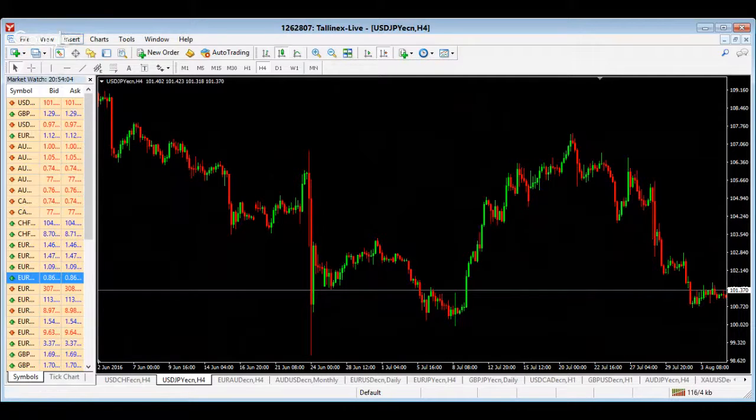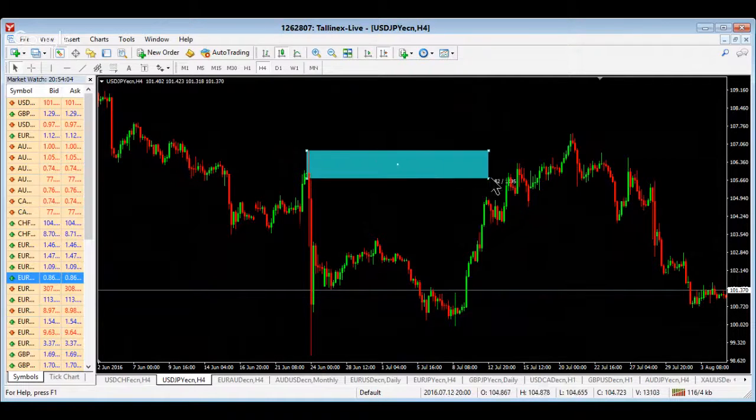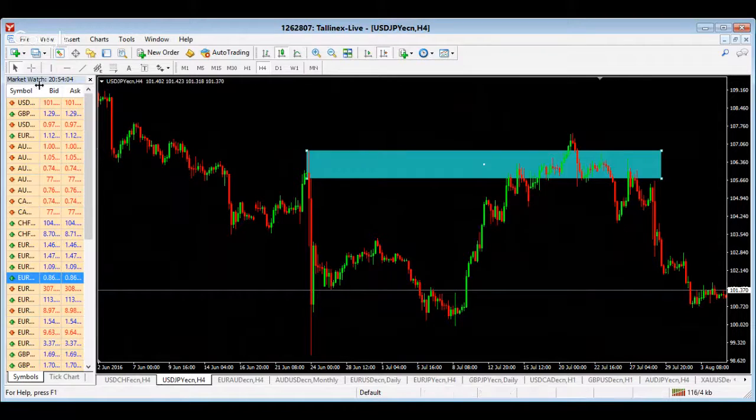So I can mark this up. This would be something like this. And then you want to take it across. And then, like I said, as you can see here, every time market came in, it went on a downtrend.